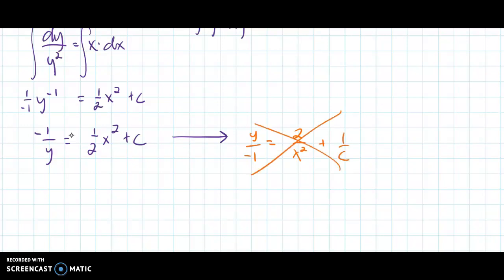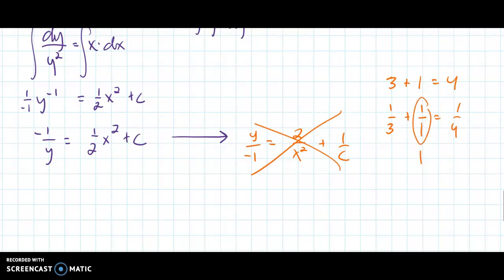This is wrong, and that's because it's just not the way that numbers work. For example, we know that 3 plus 1 is equal to 4. If I were to do that same flip thing that we did over there to get this, I would get 1 over 3 plus 1 over 1 equals 1 over 4. And look at this. This is really just 1.